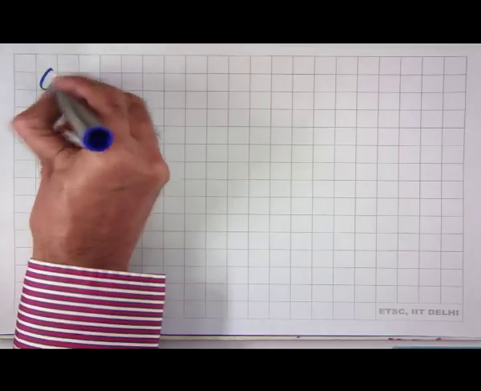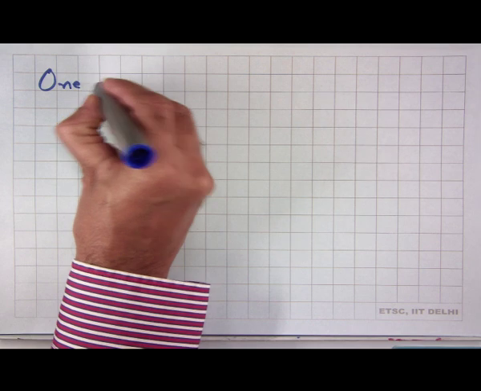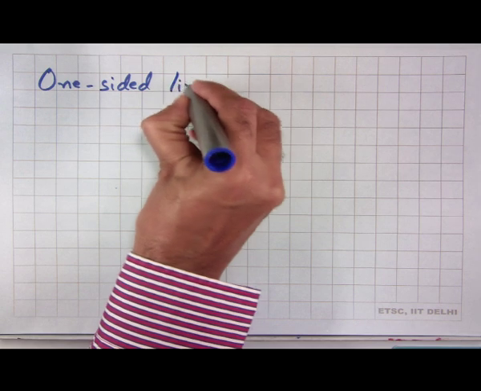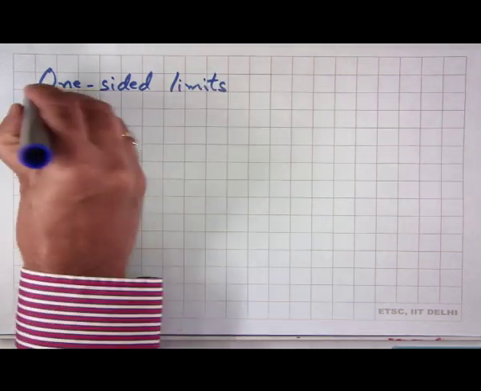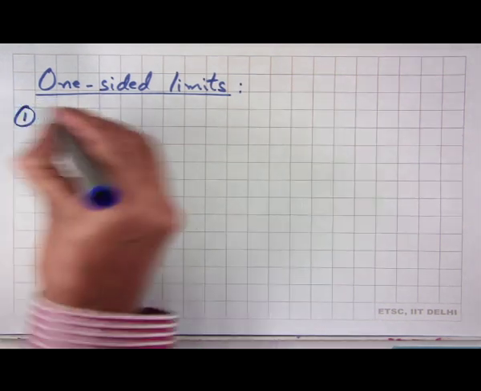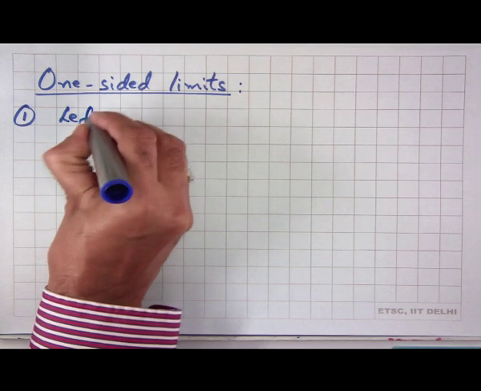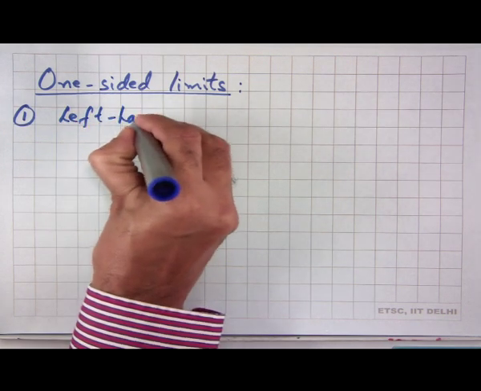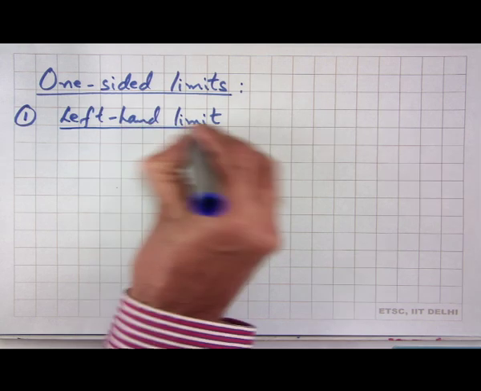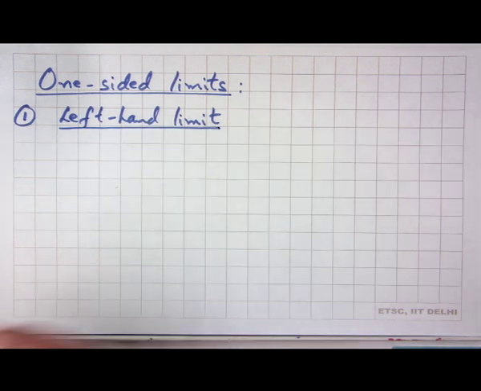There is also the concept of one-sided limits. So, let me define one-sided limits. There are two: one is called the left hand limit and the second one is the right hand limit.